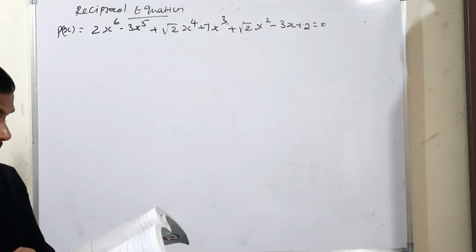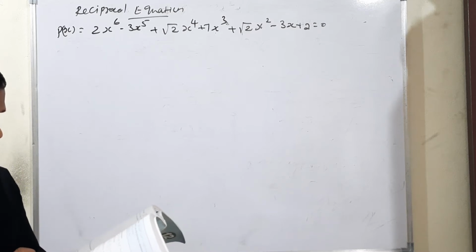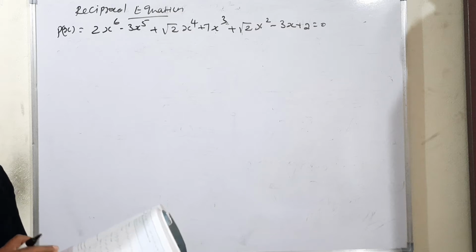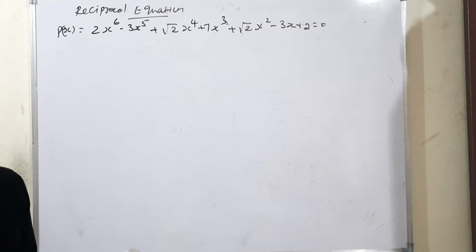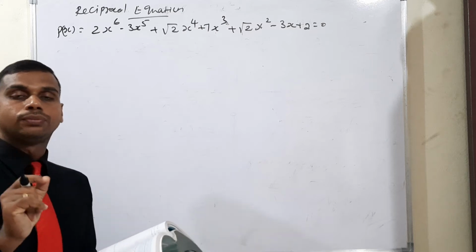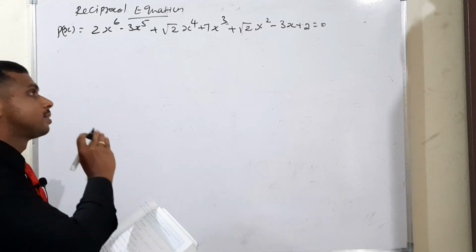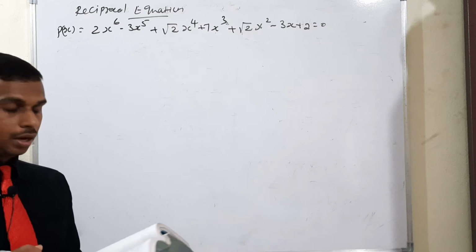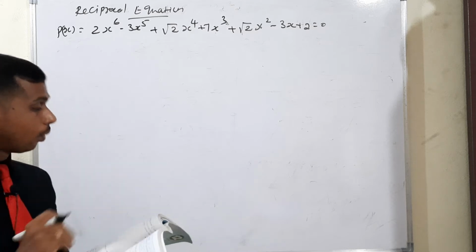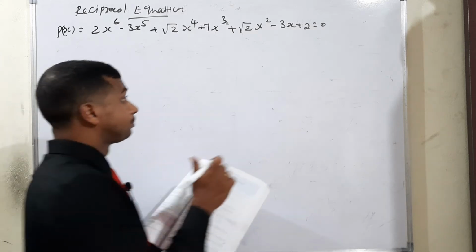A polynomial p of x of degree n is said to be a reciprocal polynomial if one of the following conditions is true. If any one of the following conditions is true, we can say it is called a reciprocal equation. Okay, I will prove it with condition number 1. What is the condition?